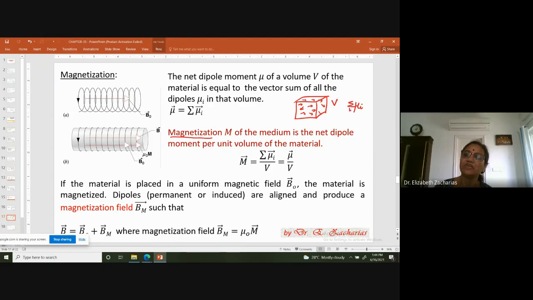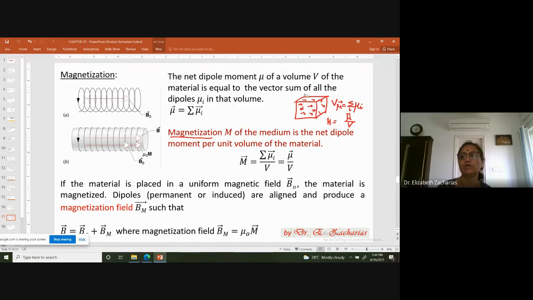Similarly, you add up everything and get the net dipole moment, which I'll call vector mu. Vector mu is the vector sum of all the dipole moments present inside that block of material. Now we define magnetization. Magnetization is this mu divided by the volume: the net dipole moment per unit volume.